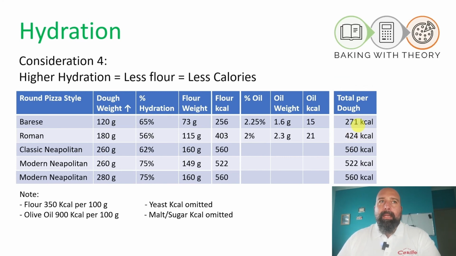But you can notice, and you can appreciate, that while a modern Napolitan is over 500 calories, if I eat a Roman or a Barese, especially the Barese because it's quite interesting, this is half of the calories. That means, okay, it is super thin and crusty, it's crunchy, okay?